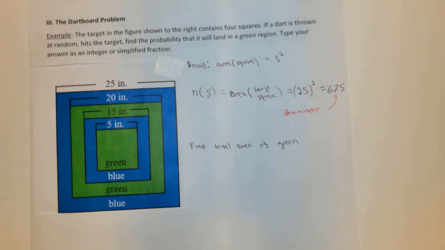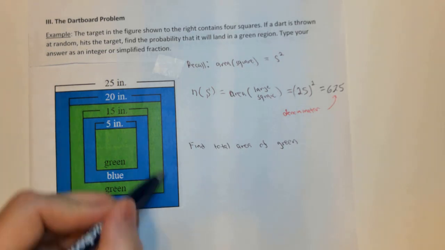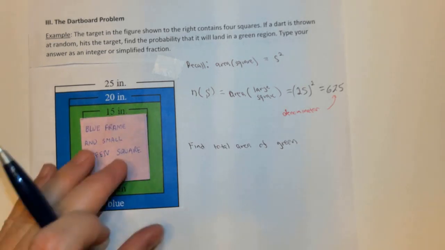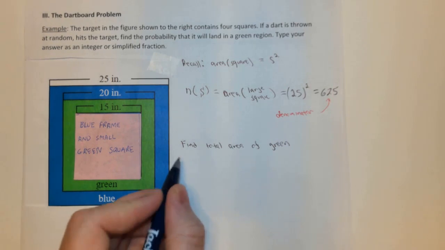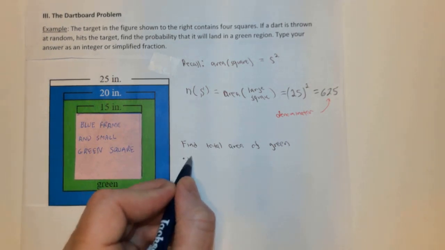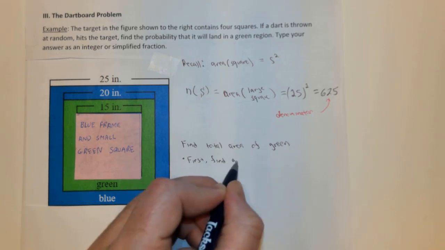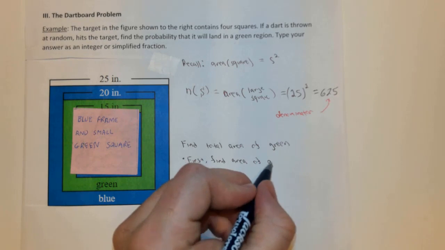So I have something I'll refer to here. I want to find the area of this green frame. Basically, in order to find the area of the green frame, I need to find, so I guess first, find area of the green frame.